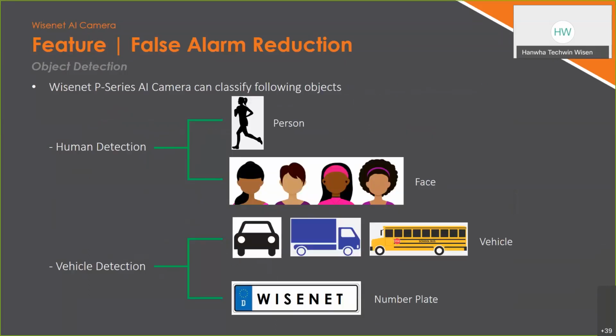So what kind of objects can we detect? For the human section, we can detect person, which is full body, and also faces. And about the vehicle section, we can detect every type of vehicle, car, truck, bus, and also it will detect the number plate.